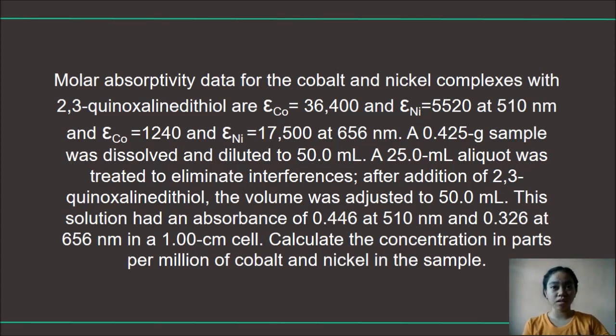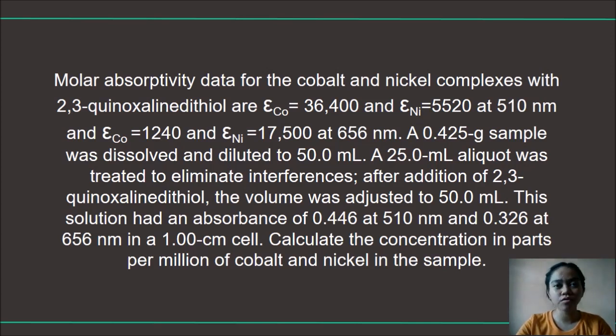A 25 milliliter aliquot was treated to eliminate interferences after addition of 2,3-quinoxalinediol. The volume was adjusted to 50 milliliter. This solution had an absorbance of 0.446 at 510 nanometer and 0.326 at 656 nanometer in a 1 centimeter cell. Calculate the concentration in parts per million of cobalt and nickel in this sample.